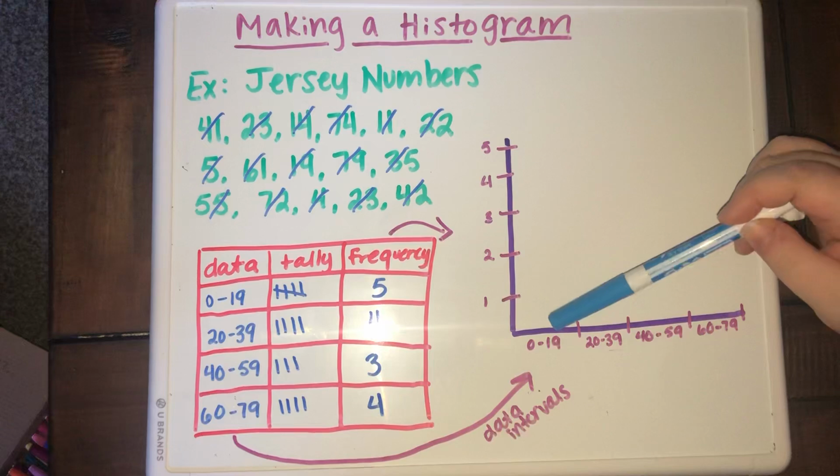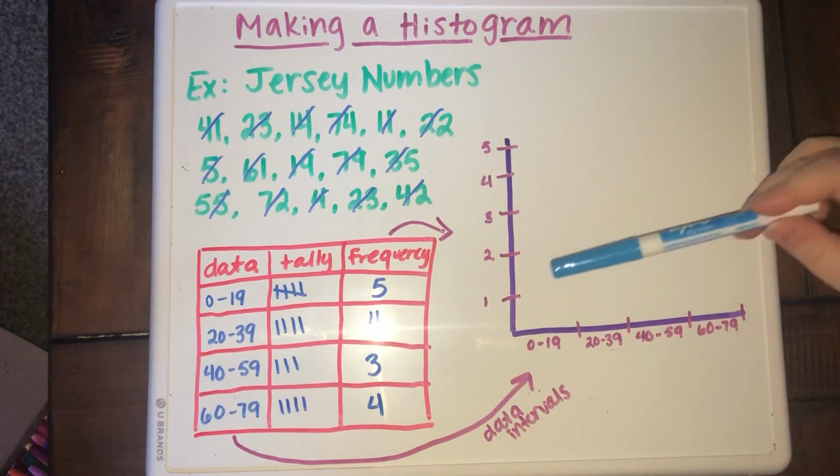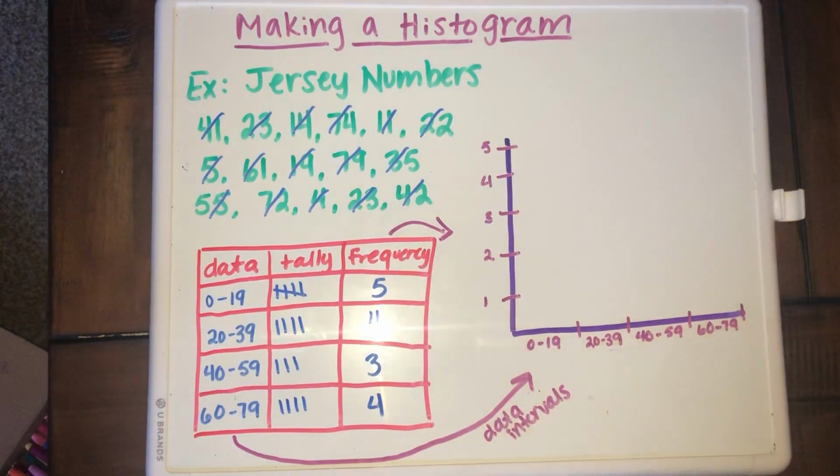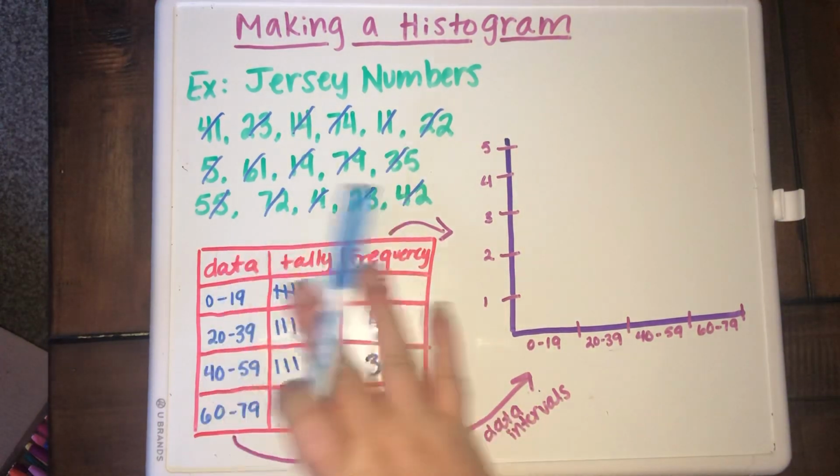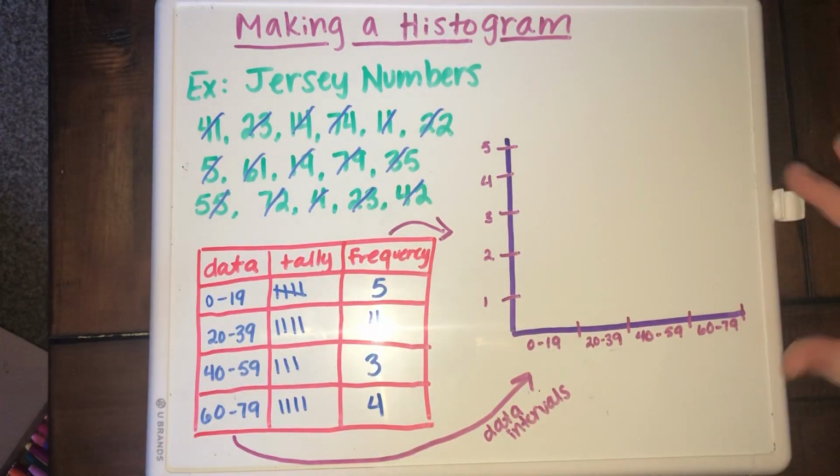And then you have to figure out what goes on your X and what goes on your Y. Your data always goes on your X. So the data intervals are what you're going to put over here. You've already done all the hard work, which is coming up with these intervals and tallying and figuring out the frequency. So all we're doing is transferring this information onto a graph.